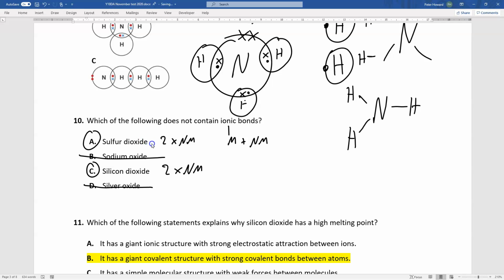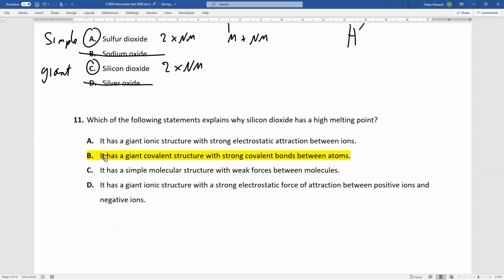Again, either one is a possibility. The fundamental massive difference between the two: sulfur dioxide you may know as a gas which contributes to acid rain. That means it's got a simple structure, which we'll talk about a little bit later. Silicon dioxide, silicon's in group 4 and forms 4 bonds, and silicon dioxide has a giant structure. Silicon dioxide is effectively sand.